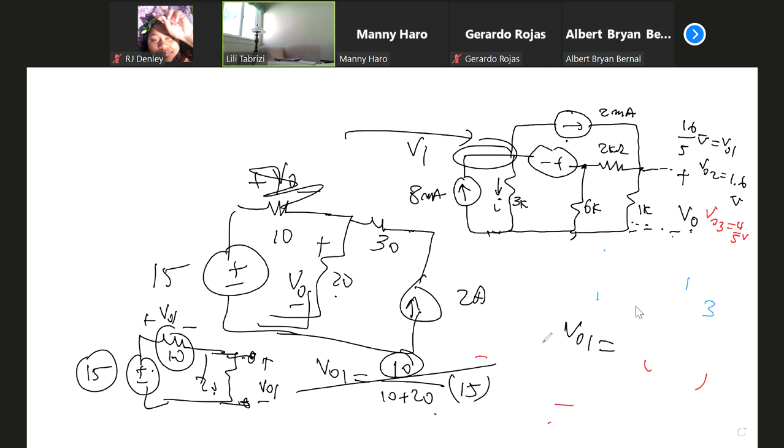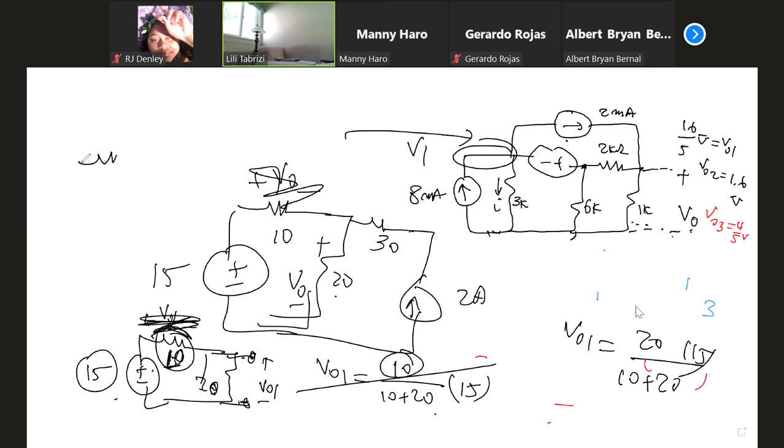In this case, V01 would be 20 divided by 20 plus 10 times 15 volts. If the voltage across the 10 is asked for, it is 10 divided by 10 plus 20 times 15.